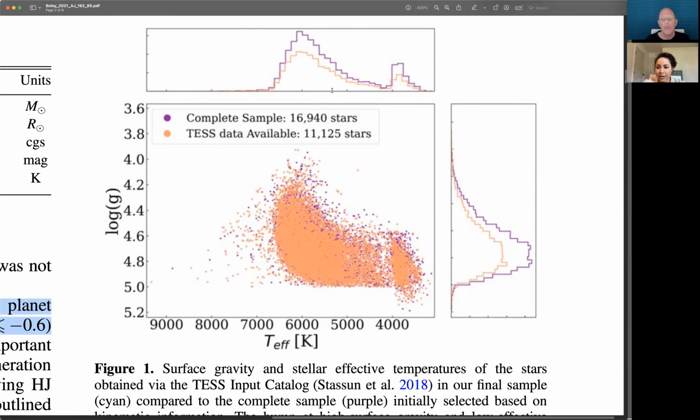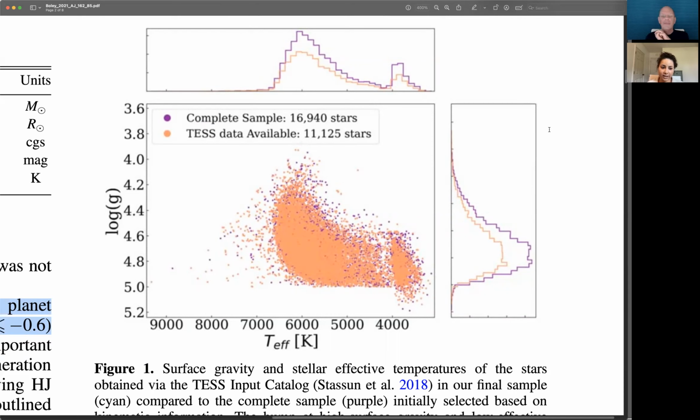We were primarily using the primary mission data, and not all of that had even been looked at yet. So we weren't able to complete this sample, but we were able to get 11,000 stars, which is pretty good.